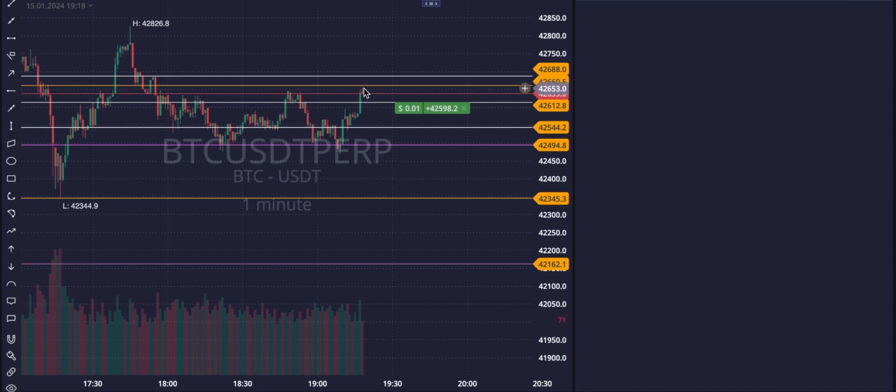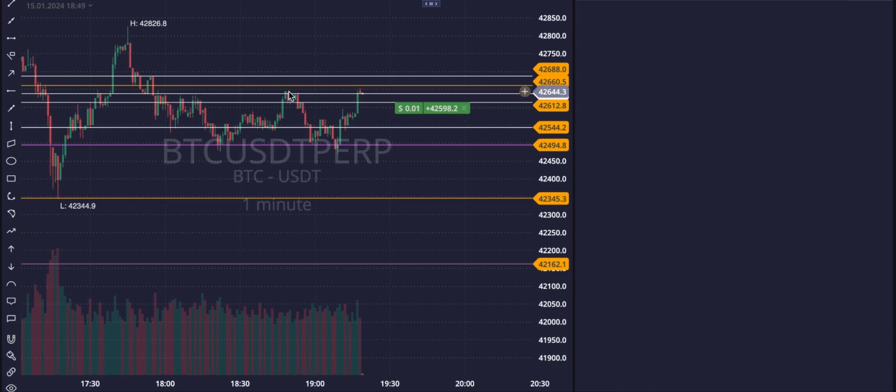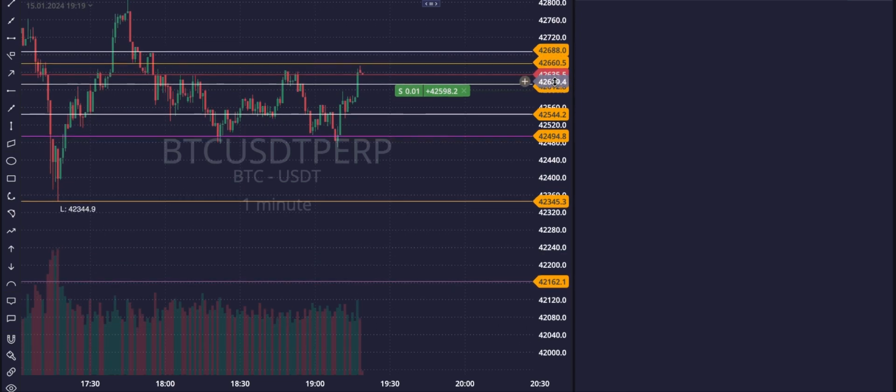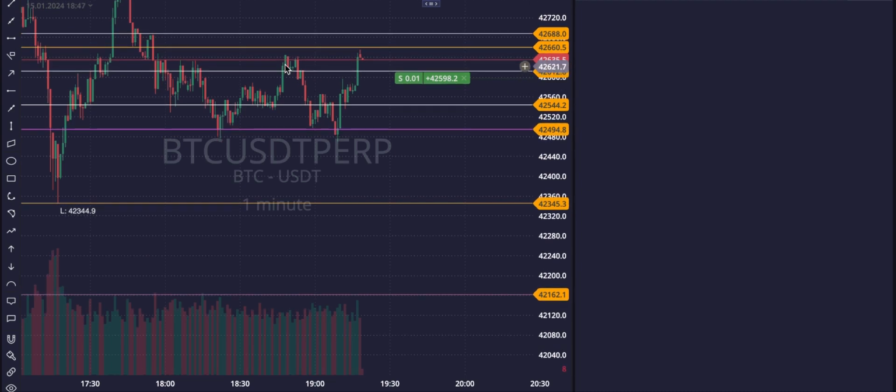So my yellow line formed resistance, and I need to know that. That's where my sellers are. And if you can see, we're kind of close in that area. Let's see if we can make that a little wider. Yeah, if you can see here, we're kind of close in that area. That's where the sellers are in this area. So we ran up, we broke through this level of resistance only to get rejected here to come back down.